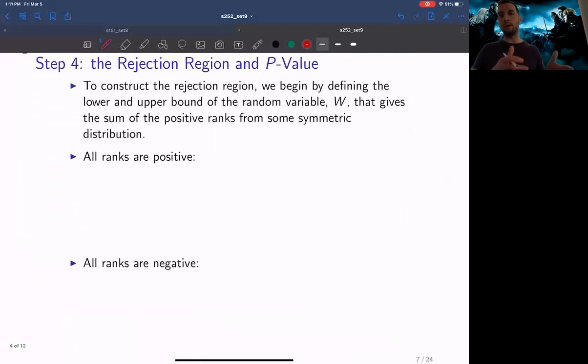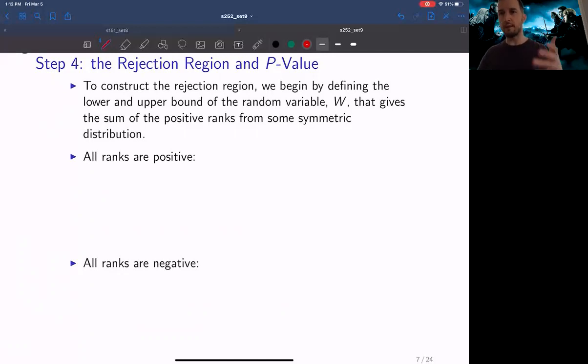Okay, so once we have the test statistic, the next thing we have to do is determine if that test statistic gives us evidence for or against the null hypothesis. So to do that, we have to have some distribution that we can utilize to determine how much evidence we have.